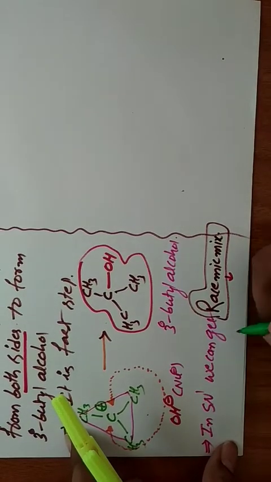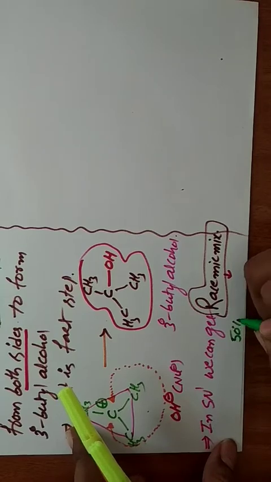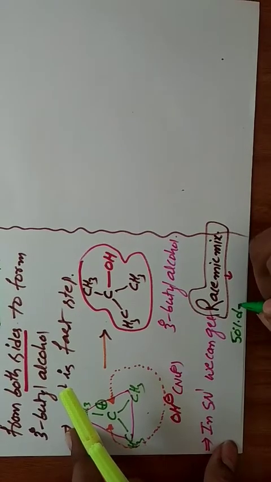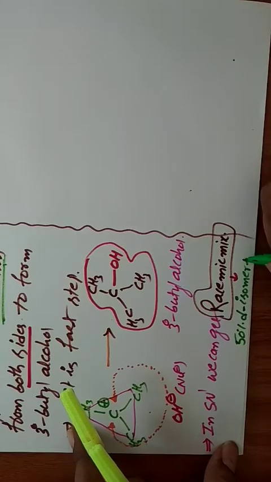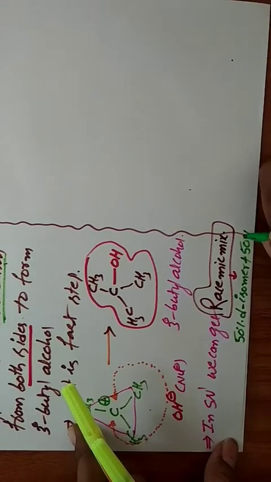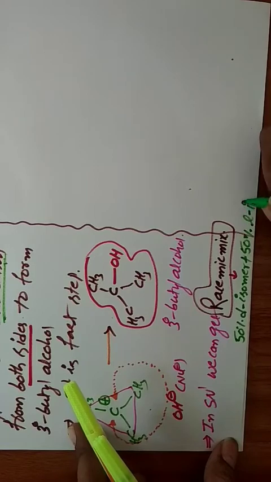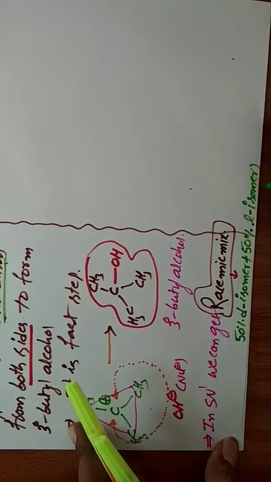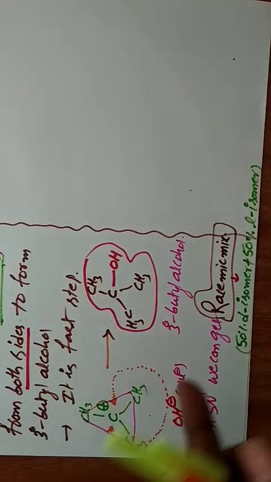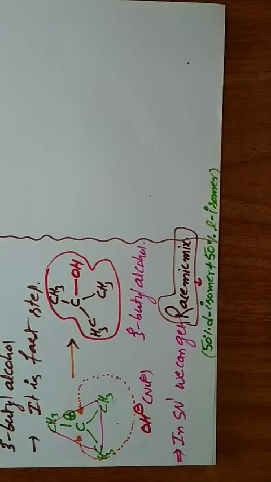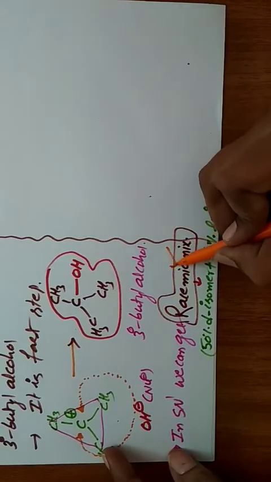50% D isomer plus 50% L isomer. The mixture is taken as a racemic mixture. In the SN1 mechanism, finally we can generally get a racemic mixture compound.